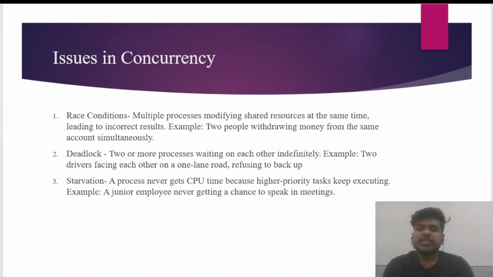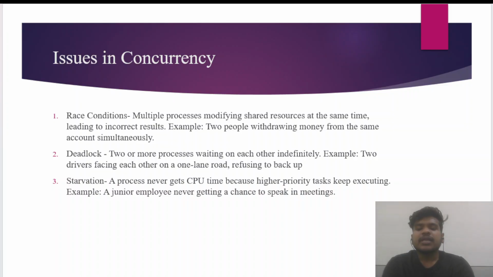Okay, then we have deadlock. We have studied deadlock in the previous lecture in detail. You can go and watch that topic if you want to know about deadlock in detail. What is deadlock? When two or more processes wait on each other indefinitely, they are stuck forever.